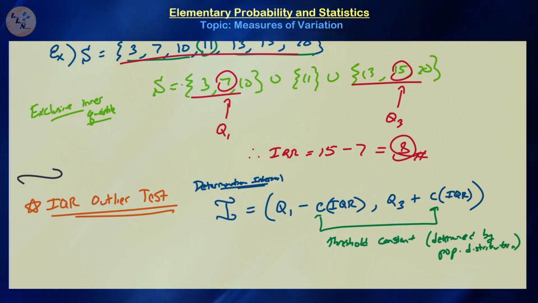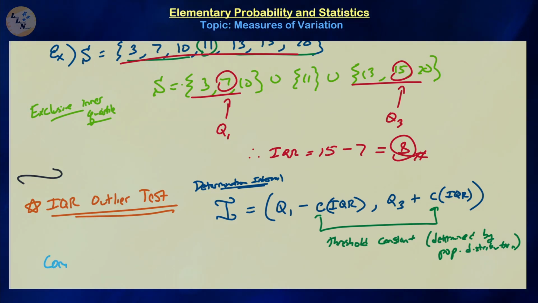Now we're not going to be determining which value of C is most appropriate for a population distribution, or what if we only know a sample? How can we infer anything about the population distribution from that? We will explore this problem a long time later. But for now, let's just assume that this threshold constant, this sensitivity constant, is going to be given to you.